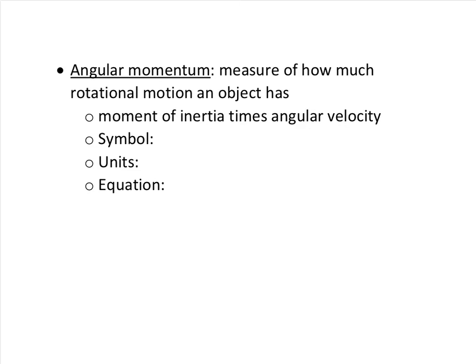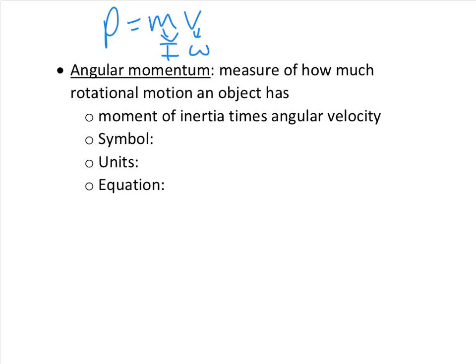If momentum was mass times velocity, rotational momentum or angular momentum will be the rotational equivalent of mass, which is moment of inertia, times the rotational equivalent of velocity, which is angular velocity.